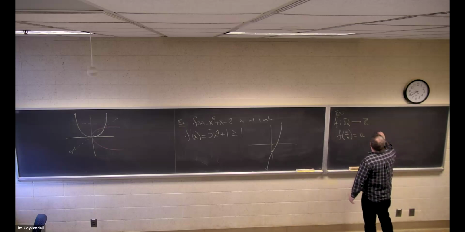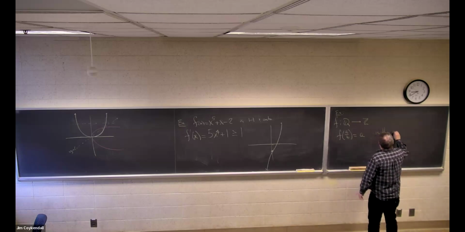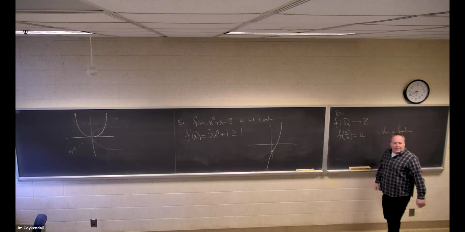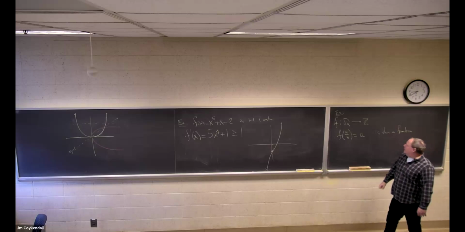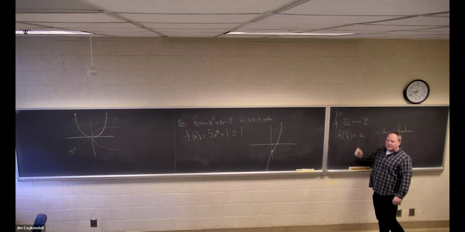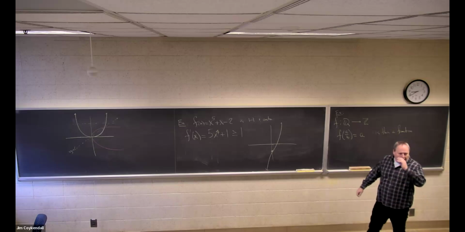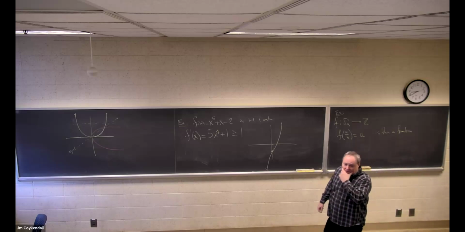Is this a function? Again, it's certainly a relation, right? It's a subset of Q cross Z. So just take your fraction a/b and read the numerator, and that's going to be the Z. This is a relation. Is it a function?